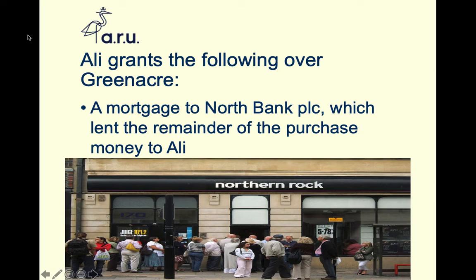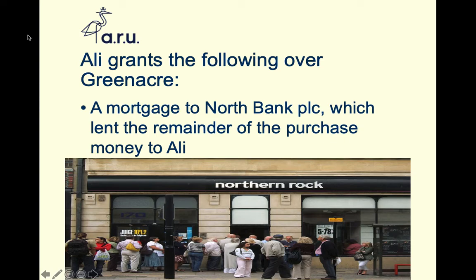Now to the most important relationship in most property transactions, we have the bank. So Ali will have not just borrowed money from her mother in this situation, she will have borrowed the remainder of the purchase money. So the other 80% of the purchase money for Greenacre was provided by North Bank.